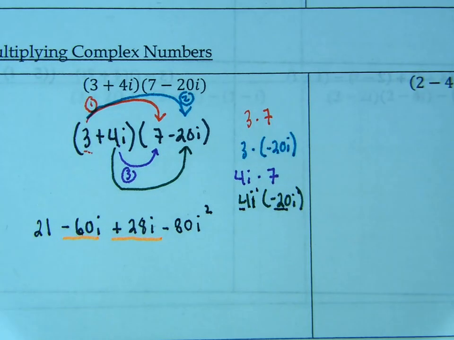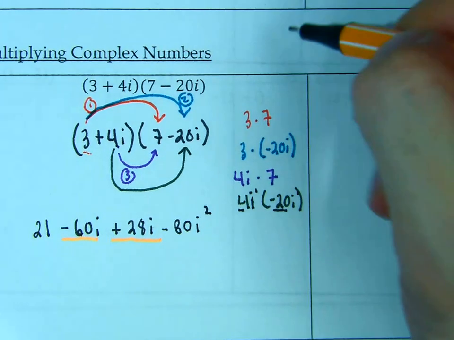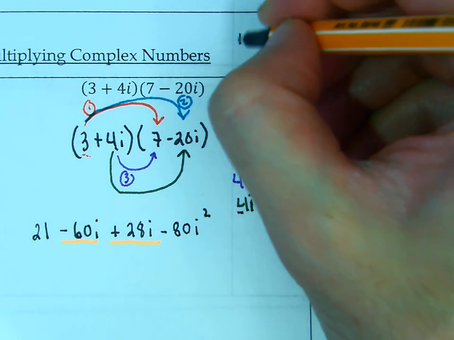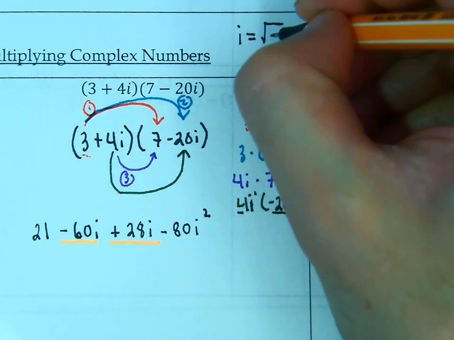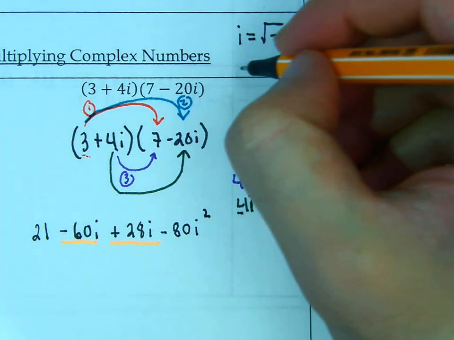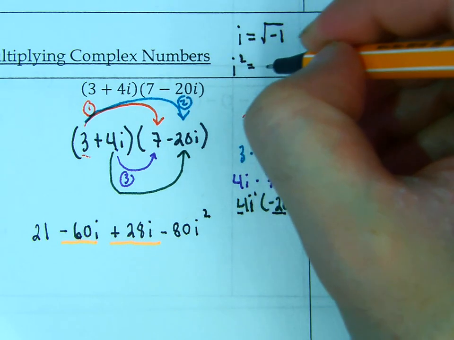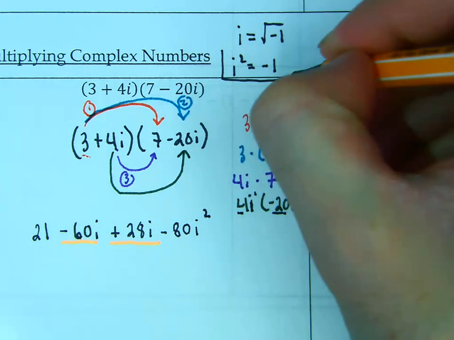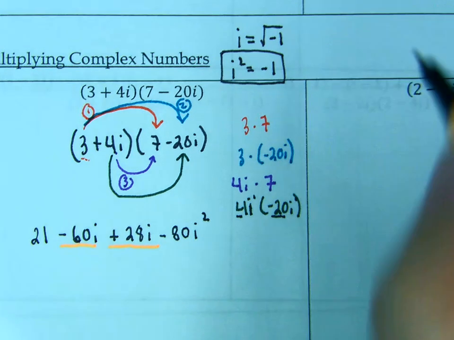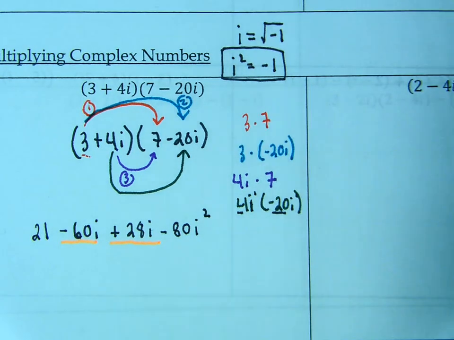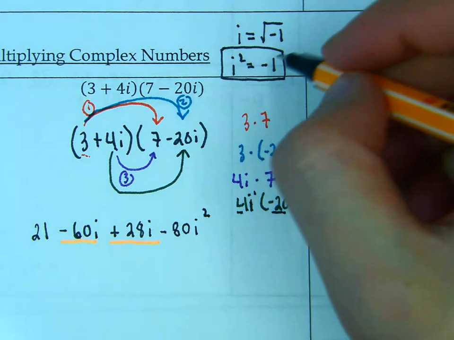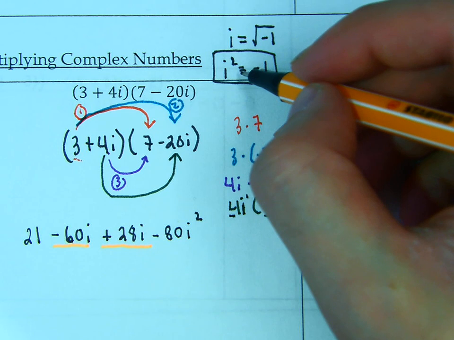Right? And there's one little trick I need to show you. If i is equal to the square root of minus 1, i squared will equal negative 1. Okay? And I'm going to show this in class. If you feel like you don't understand fully, I'll show this in class.